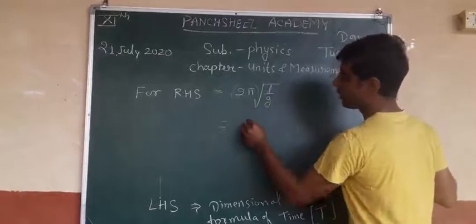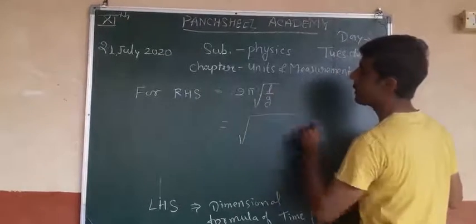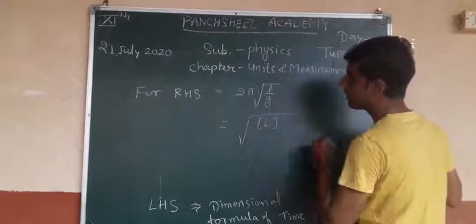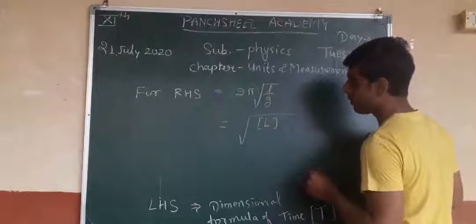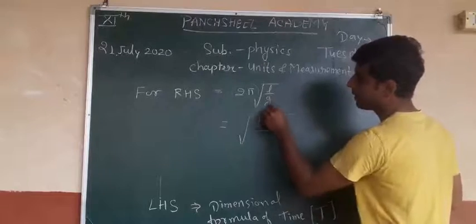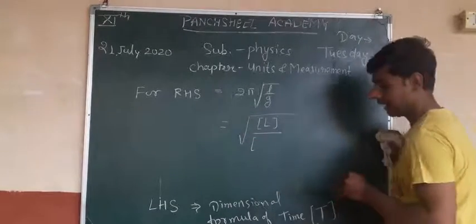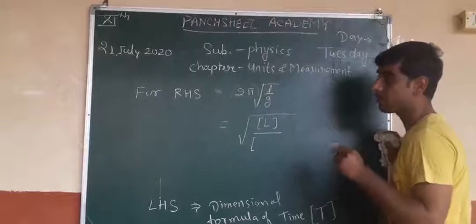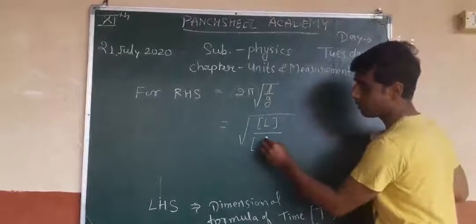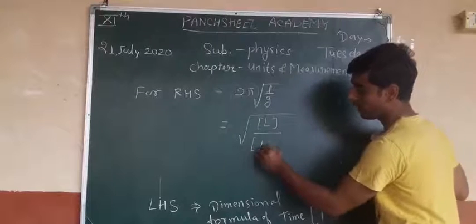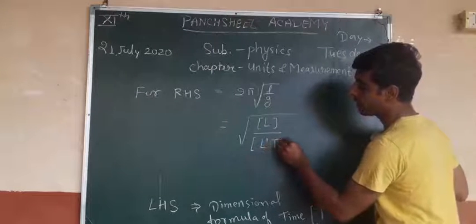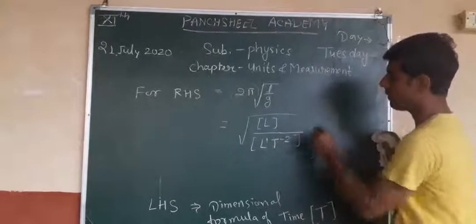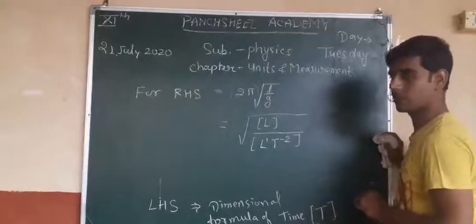Length is measured in meter, so the dimension formula of length is L. And g is the acceleration due to gravity, whose SI unit is meter per second square, so L1 T minus 2. This is the dimension formula of g.